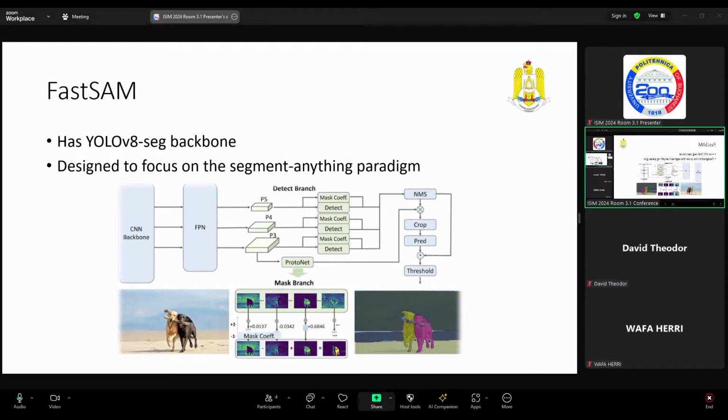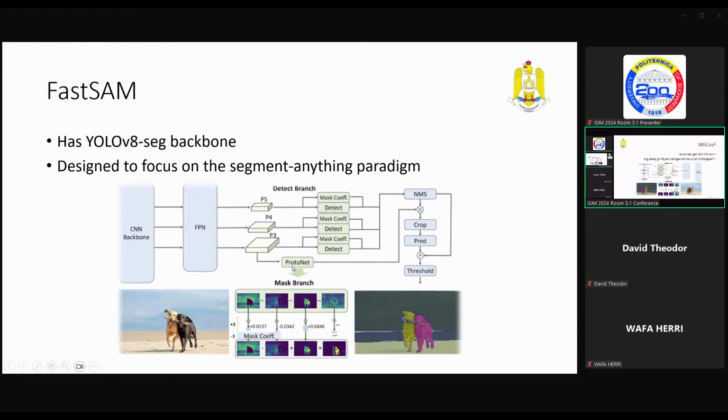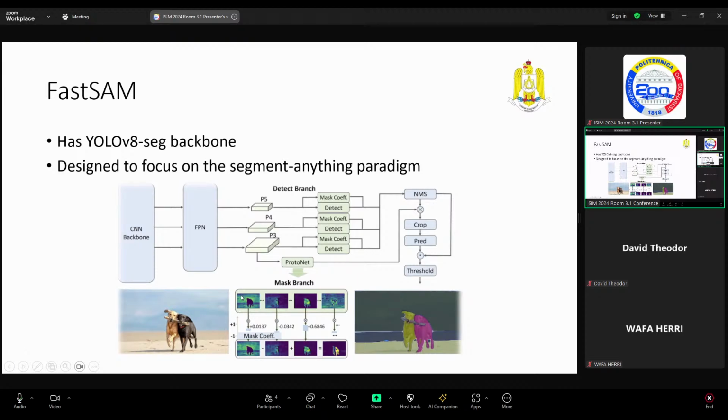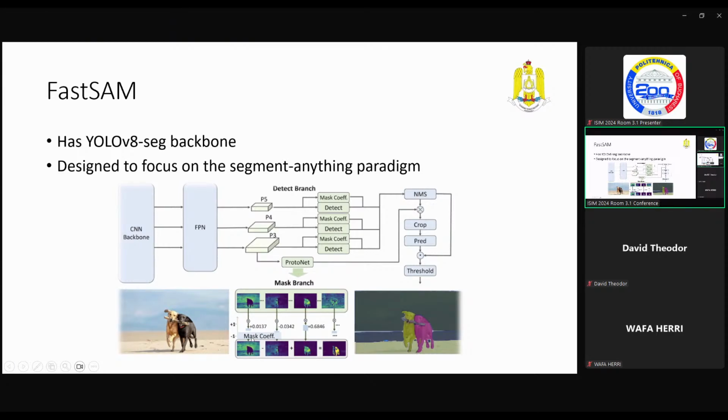We extract from it the mask coefficients and the detection labels, and we combine them with the protonet prototype masks that are generated, and we customize that mask to approach reality.